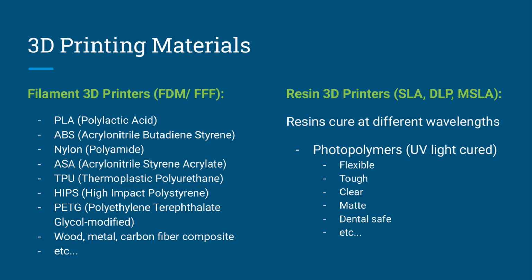Some SLA 3D printers use different resins than some DLP 3D printers, so you have to be more careful with picking out which resin to use. But generally, there are many types of resins as well. Some are flexible, some are very tough, some are very clear, some are matte, and some are dental safe. So some dentists or medical industries 3D print parts for some aspect of their jobs.